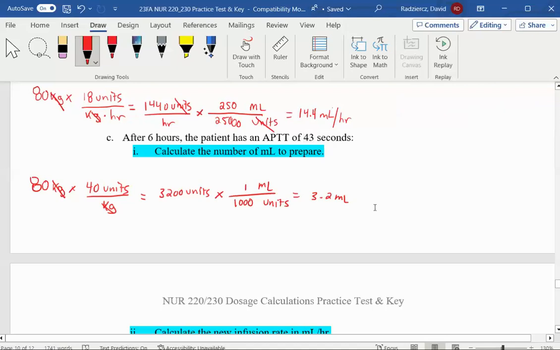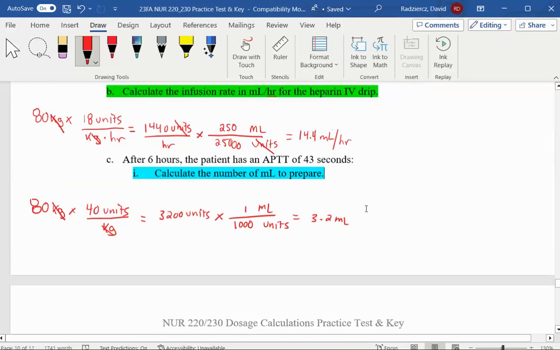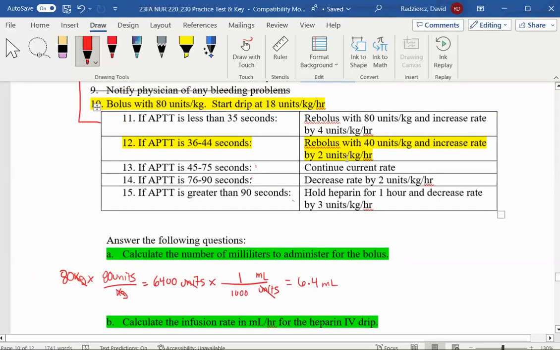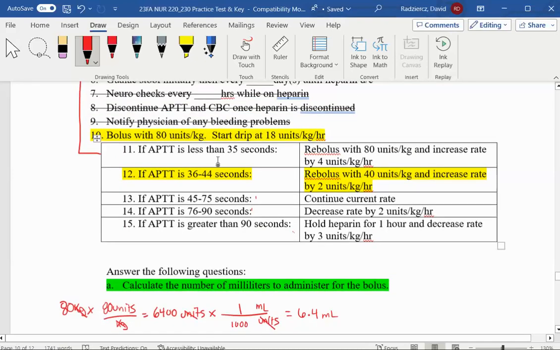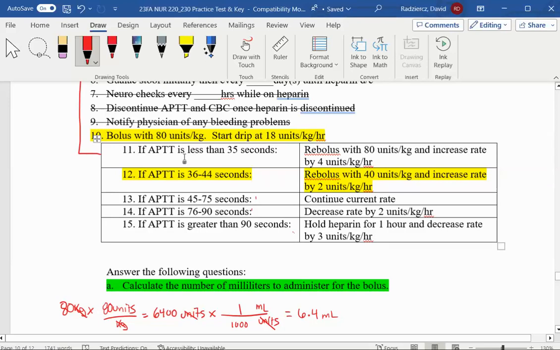Then you calculate the new bolus if needed, and the new infusion rate if needed. They can also give you an APTT of 30 seconds, and then you're going to need to rebolus with 80 and increase the original rate by 4. Remember, the original rate was 18 units per kilogram per hour.